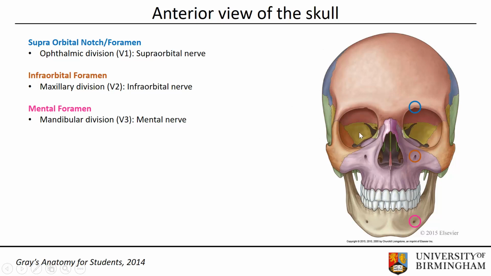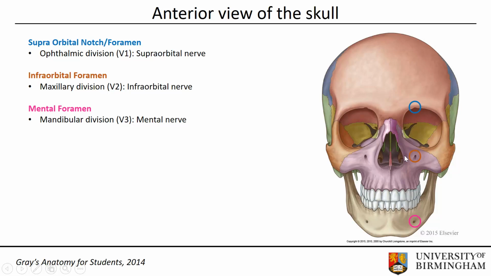Right, and how do these nerves reach different areas of the face? They will again exit through different foramina. So the ophthalmic division exits as one of its branches, which is the supraorbital nerve, through this supraorbital foramen, this one here, or in this case a notch, supraorbital notch.